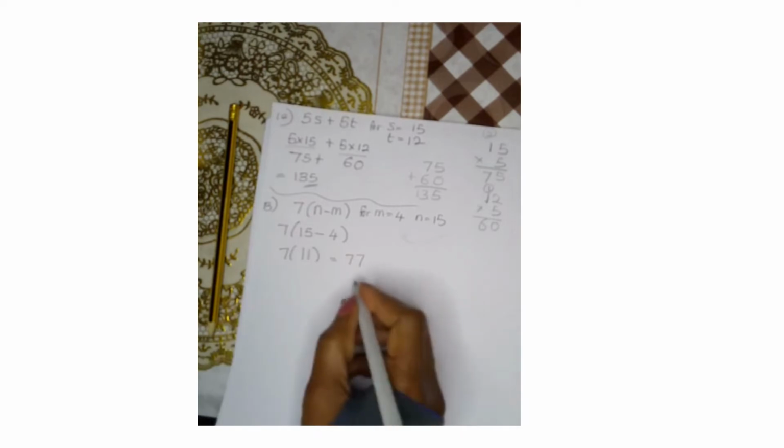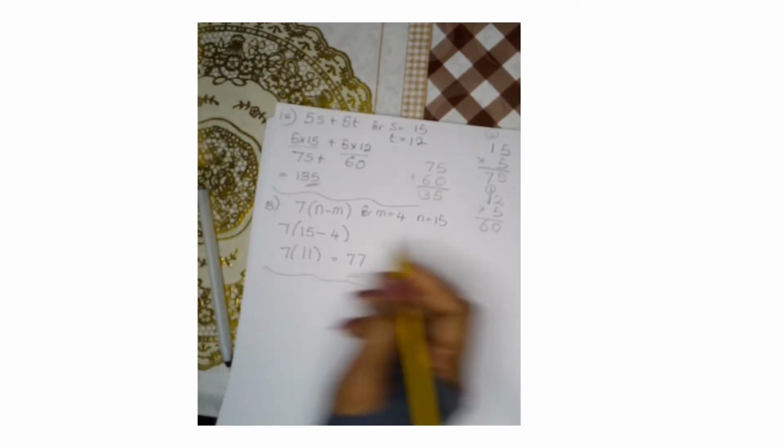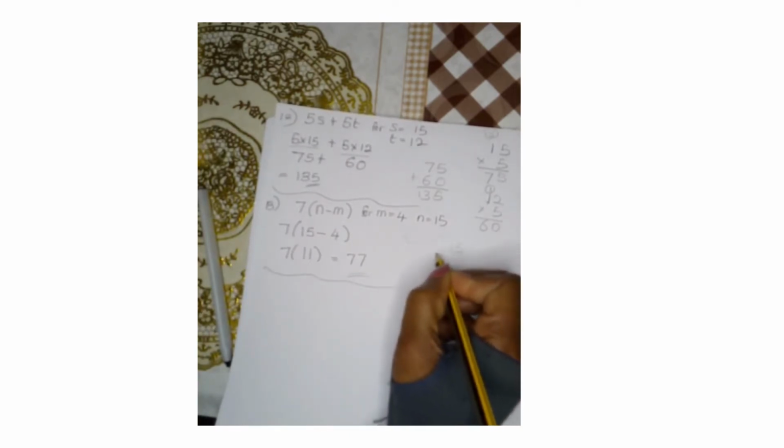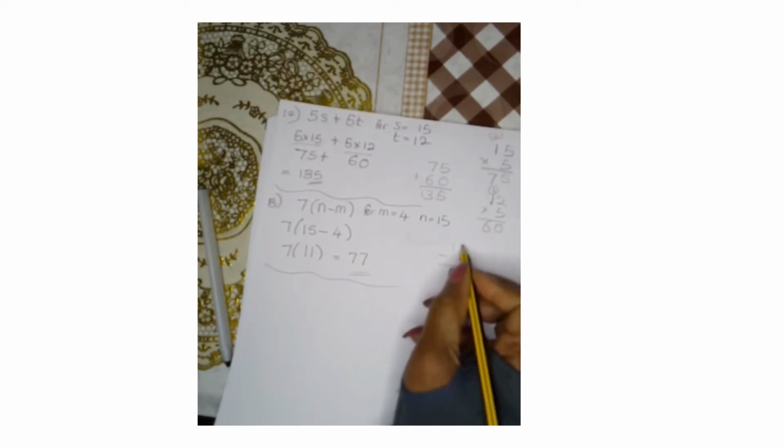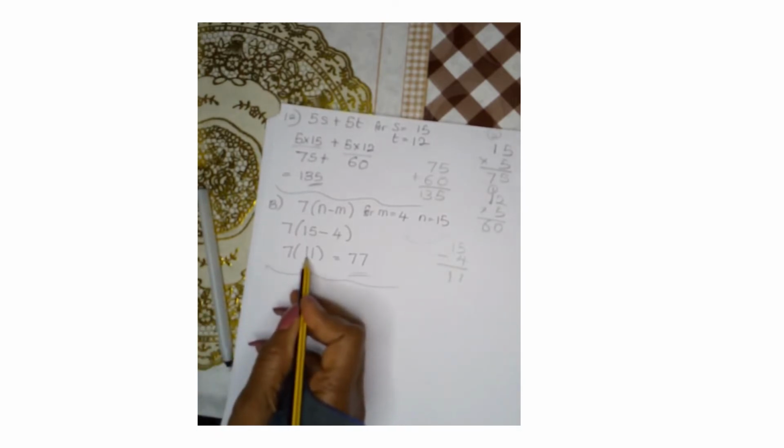If you're confused here, you let me know, because this is the same thing we've been doing. So you first solve the one in bracket, which is 15 minus 4. 5 minus 4 is 1. You bring down 1. Okay, so that's how we got 11.